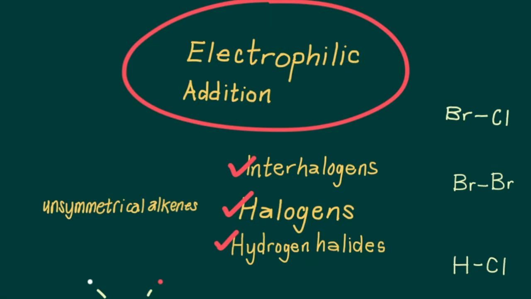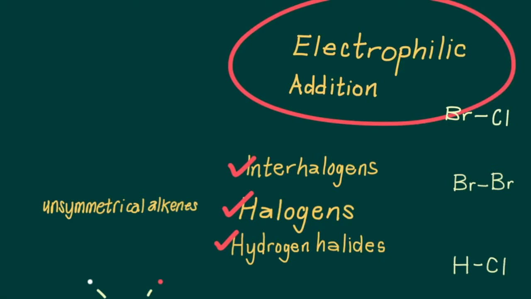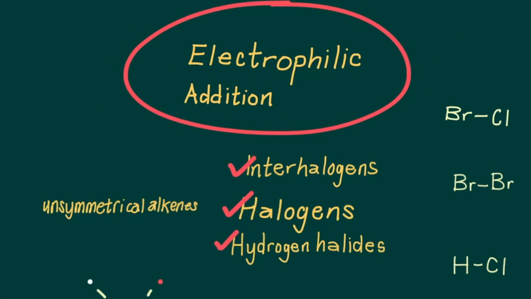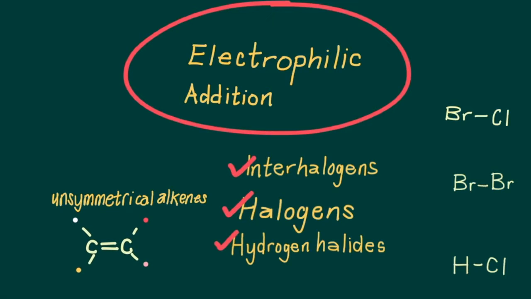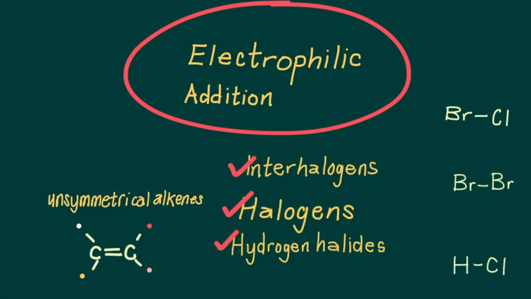Welcome again. Today we look at an example of electrophilic addition involving unsymmetrical alkenes. Recalling that alkenes contain at least one point of unsaturation, or one double bond between one carbon atom and another carbon atom, and that an unsymmetrical alkene contains at least one different group attached to one of these four bonds.